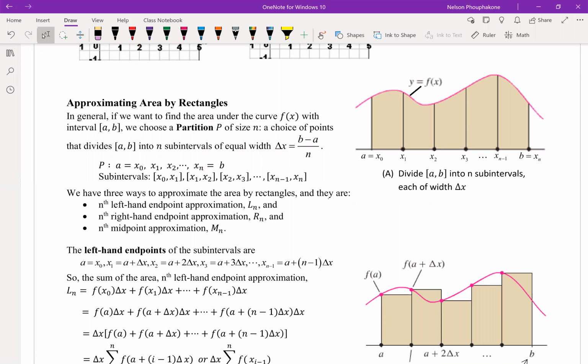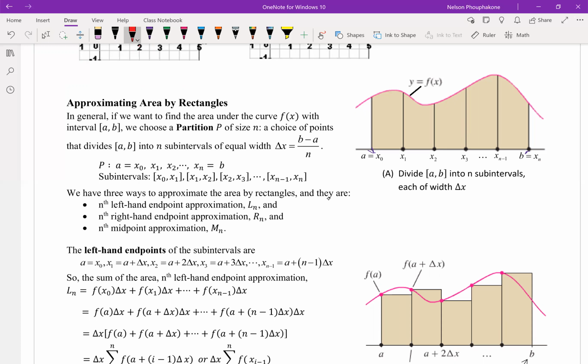So in general, if we want to find the area under the curve f of x on the interval between x equal to a and x equal to b, we could choose a partition P of n, a choice of points that divide a and b into n subintervals of equal width, delta x equal to b minus a over n.